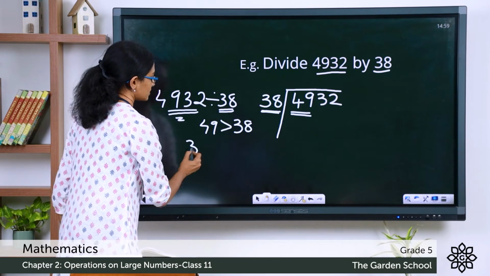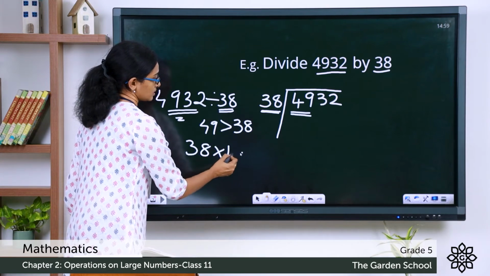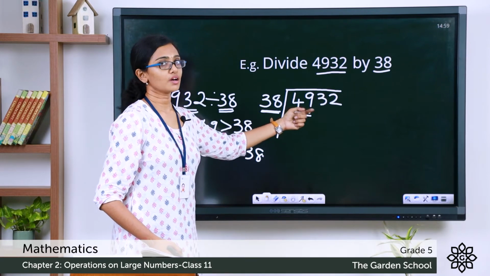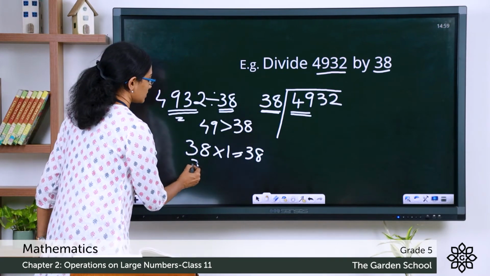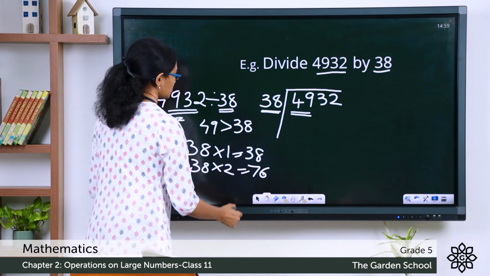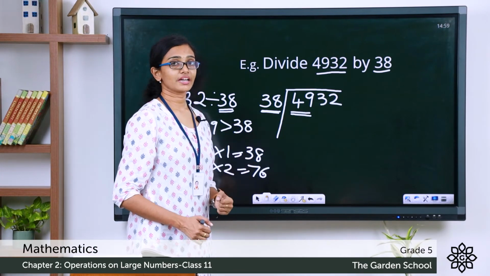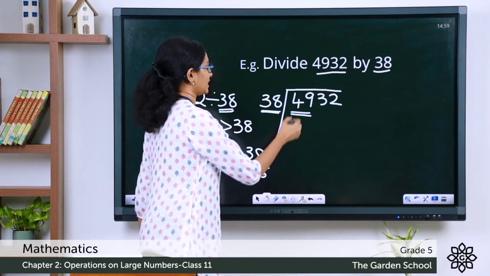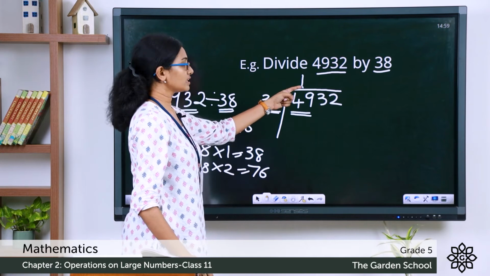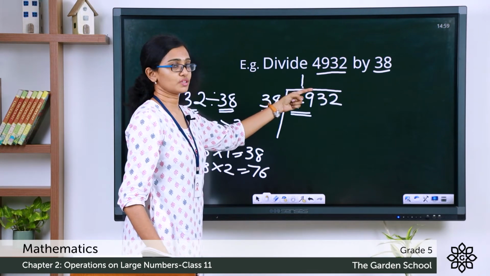We know 38 ones are 38. So, 38 will definitely go in 49. What about 38 into 2? It is 76. So, 49 will contain only one 38. So, let's write that 1 here. This is the quotient, the first digit of the quotient.